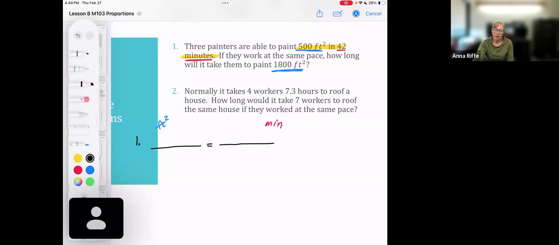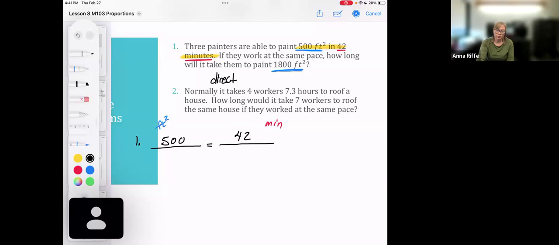They were asked how long will it take them to paint 1,800 square feet? Their rate doesn't change, the number of painters doesn't change. It would make sense that if these painters have to paint more area, the amount of time that it takes them to paint that would increase. So this is an example of a direct proportion. Direct. So that means the known proportion we put in the numerator.